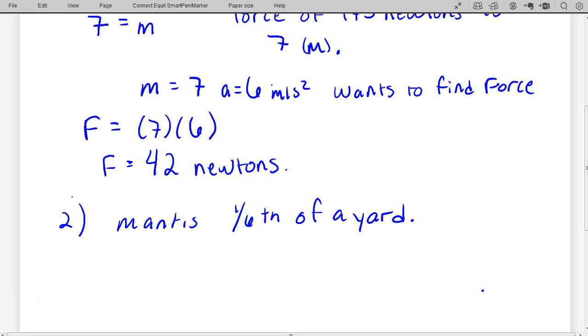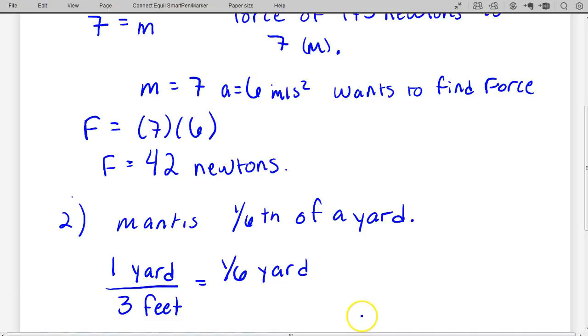We know from the top, or from your own head, that 1 yard is 3 feet, and the mantis is 1/6 of a yard. We'll just set up a proportion. Okay, we want to know how many feet that is. So X there.